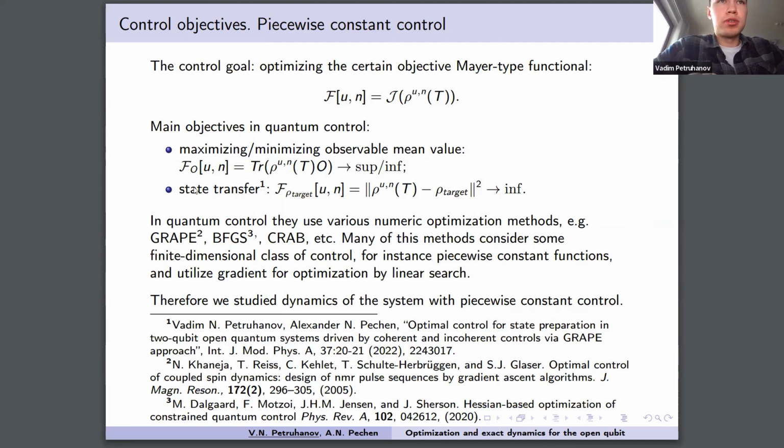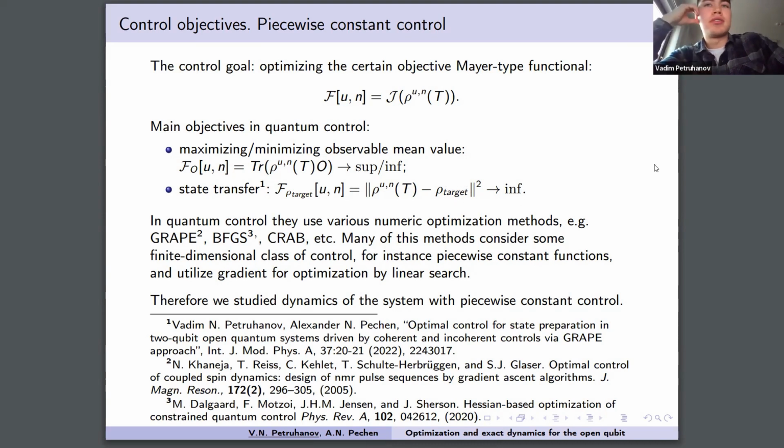Or also, the objective of state transfer is considered. Here it can be written as just the square of the norm of rho of the final state with some control minus some target state where we want to steer our system to. So we want our system to be in this state.